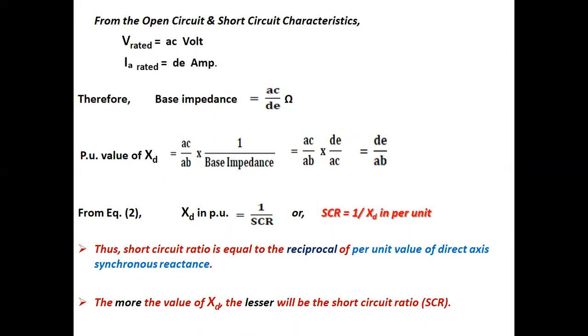Thus, short circuit ratio is equal to the reciprocal of the per unit value of direct axis synchronous reactance. The more the value of XD, the lesser will be the short circuit ratio.